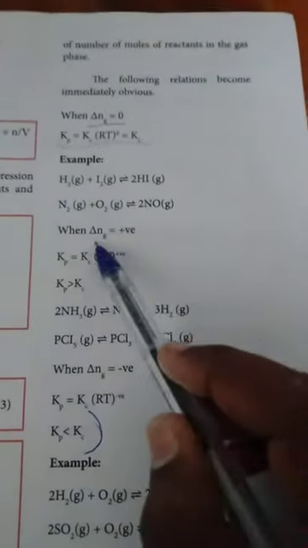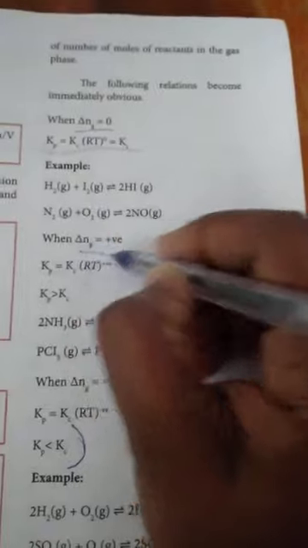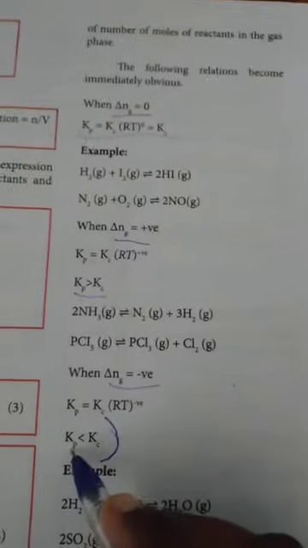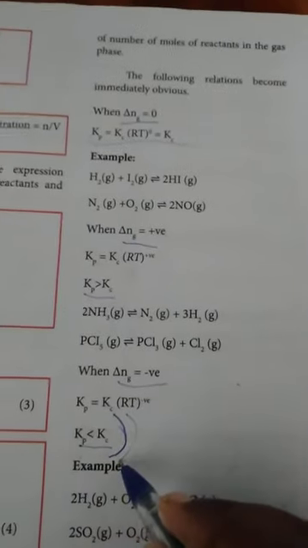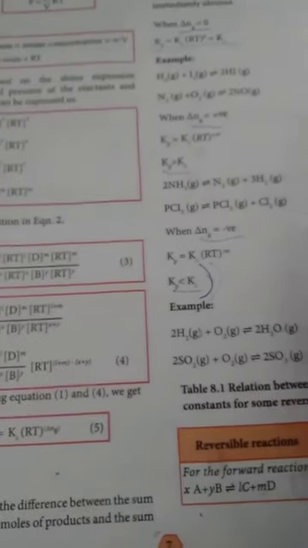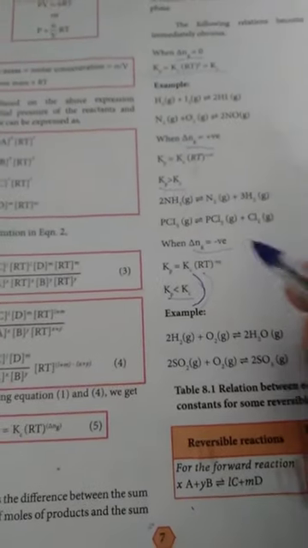Then delta Ng value positive means Kp greater than Kc. Delta Ng value negative means Kp less than Kc. So this relation is very important. Page number 6, the relation: let us consider from this to page number 7, right side, till Kp is less than Kc.